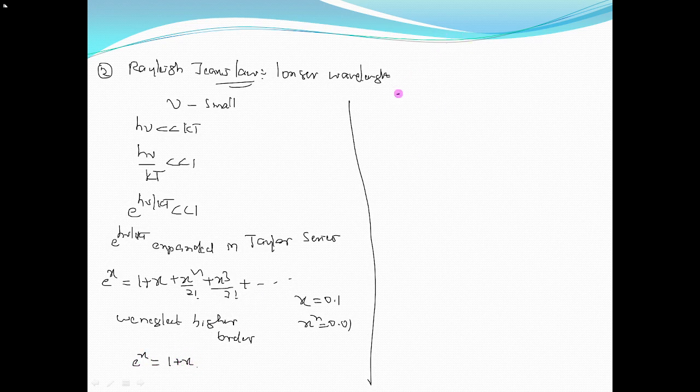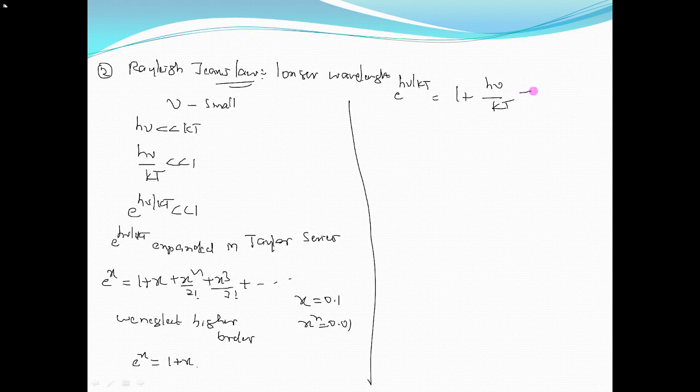So I can write e power h nu by kT is equal to 1 plus h nu by kT.